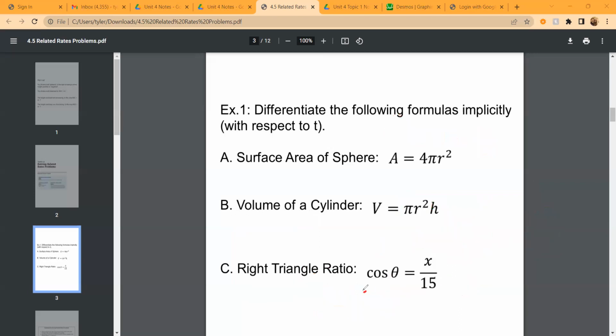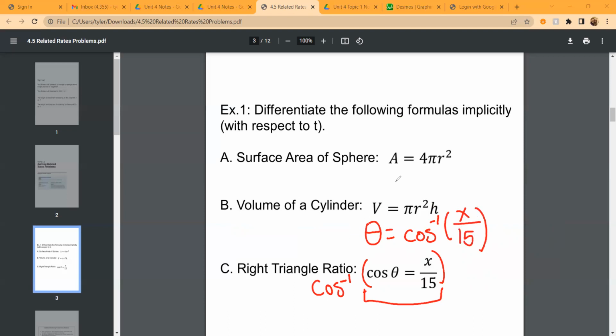So instead, we could think about how I could deal with this and just solve for theta. Let's say I just want d theta dt. Well, I might want to solve for theta before I do anything. So to solve for theta, I would take the arc cosine of both sides. And so this gets me theta equals the arc cosine of x over 15.